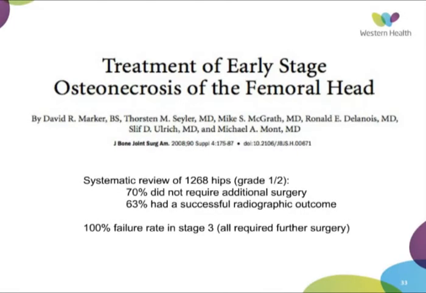And certainly in the later stages of avascular necrosis, there is less indication for core decompression, and in his systematic review here, all stage 3 required further operations, which were predominantly arthroplasty.